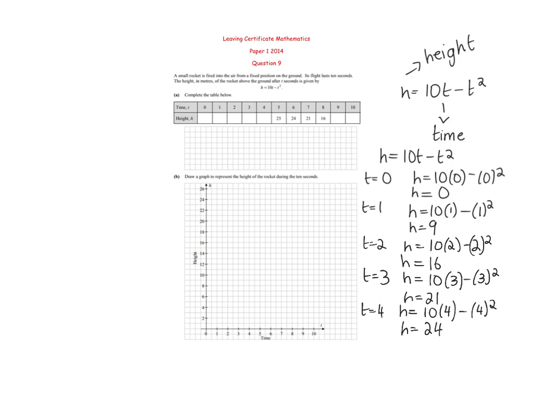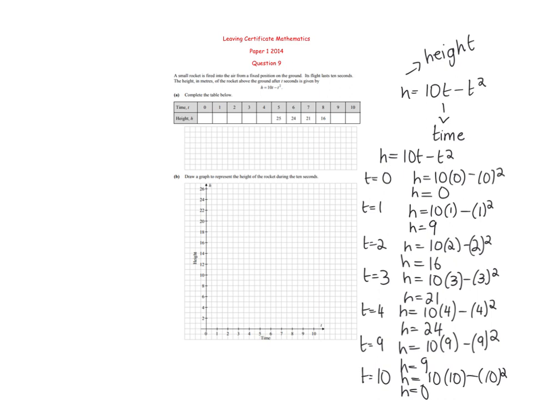They've done 5, 6, 7, and 8, so we need to get t of 9. So that's going to be h is equal to 10 times 9 minus 9 squared, which will give us an answer of 9. And the last one then, t equals 10, which is going to be h is equal to 10 times 10 minus 10 squared. That's going to give us an answer that h is 0.